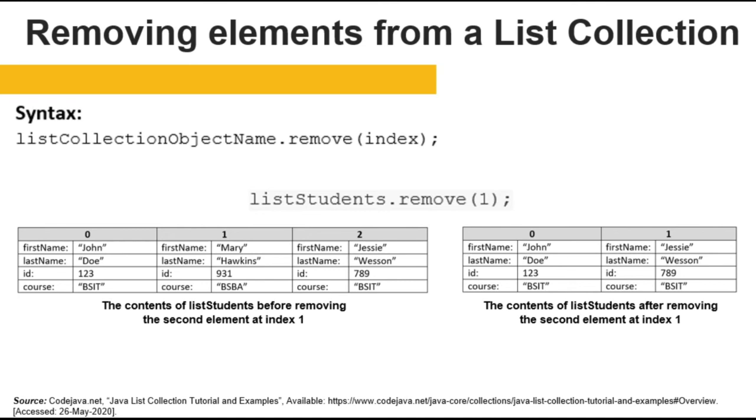The contents of list students before removing the second element at index 1 is the first table. After executing this code, our list collection will be just like this one. Mary Hawkins is now removed and Jesse Wesson is adjusted to the second element with index number 1.